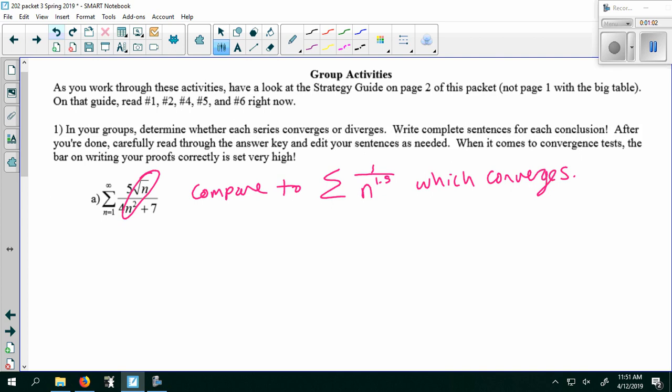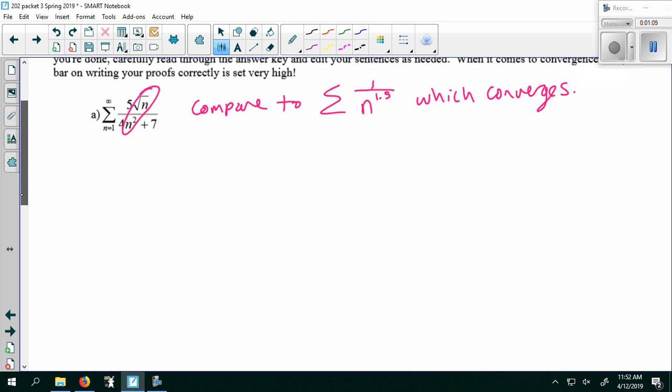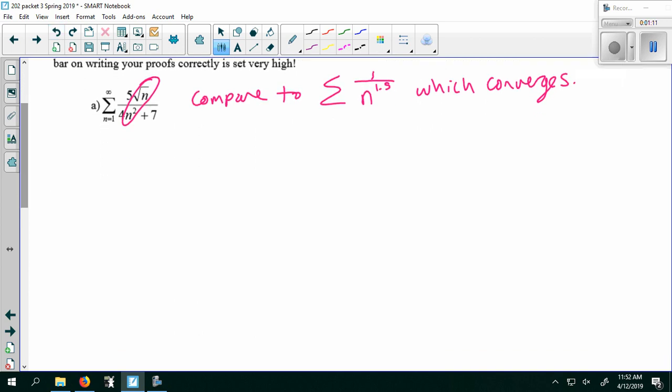All right, so I can either use the direct comparison test or the limit comparison test. I always recommend the limit comparison test. It is a little bit easier. Okay, so I'm going to compare the limit as n goes to infinity of my series, 5 root n over 4n squared plus 7, divided by my comparison series, 1 over n to the 1.5.